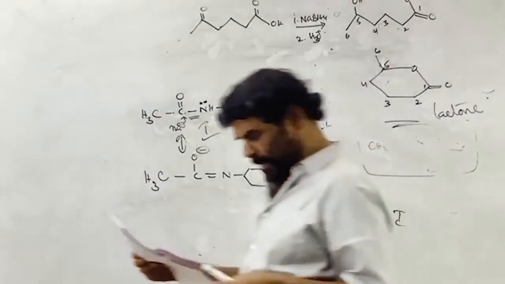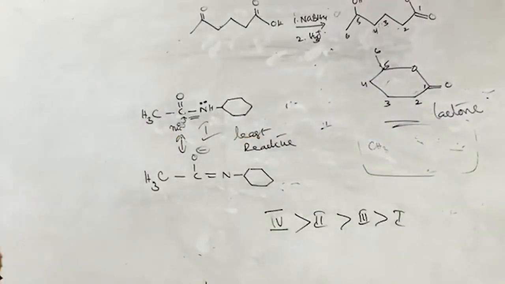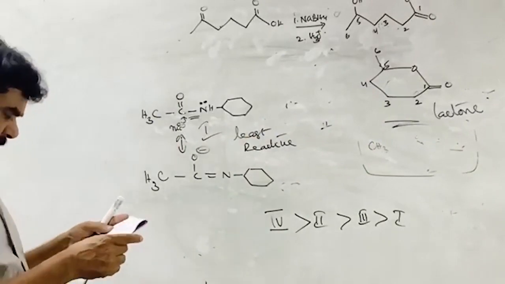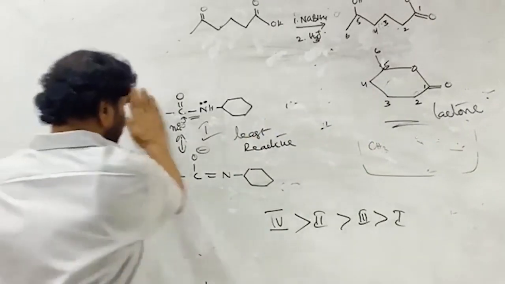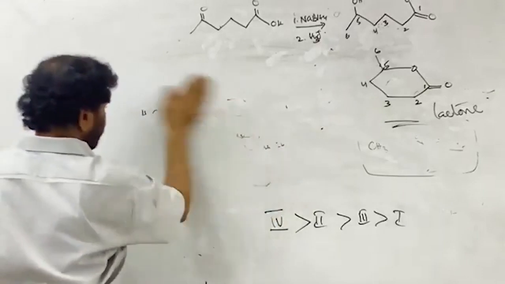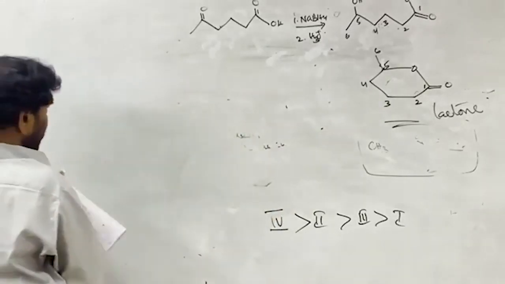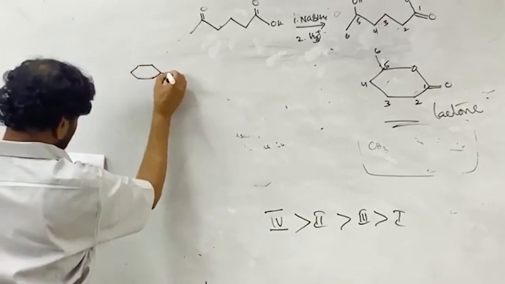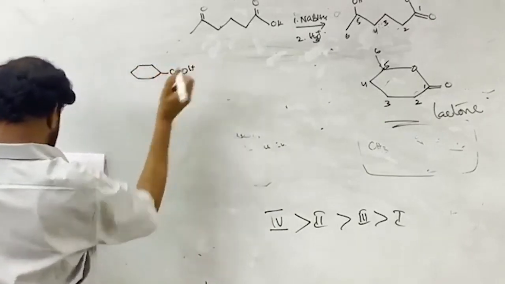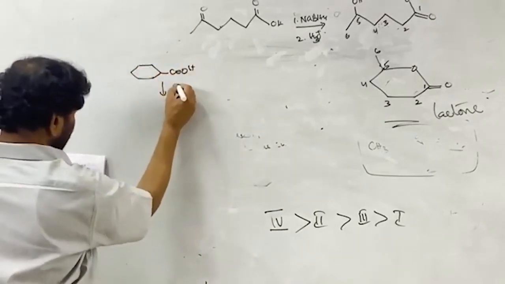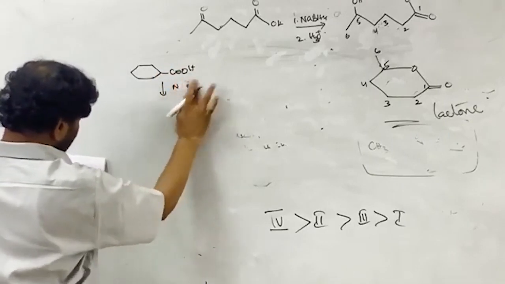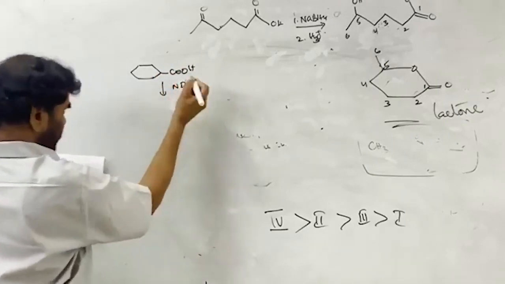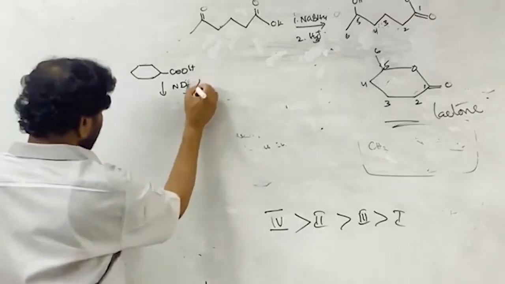Next one is treated with ND3. Let me write the sequence of reactions. Cyclohexane carboxylic acid is treated with ND3, instead of NH3.